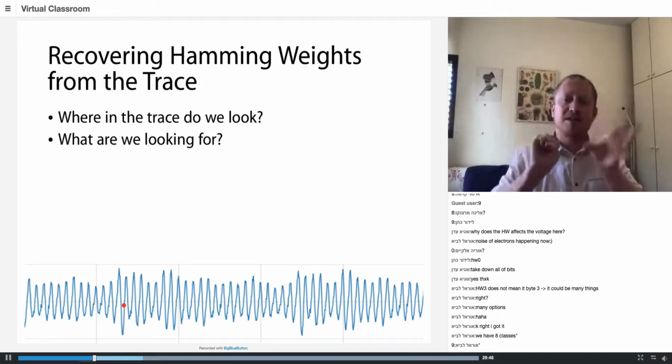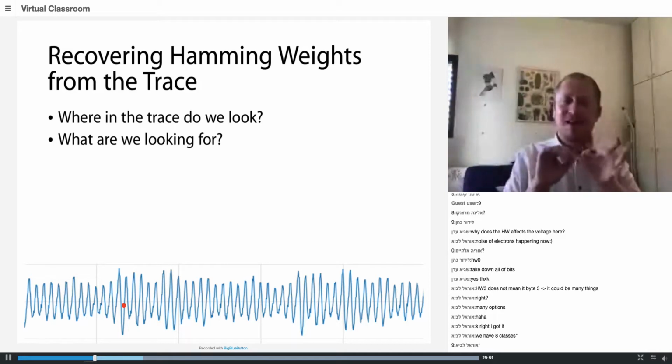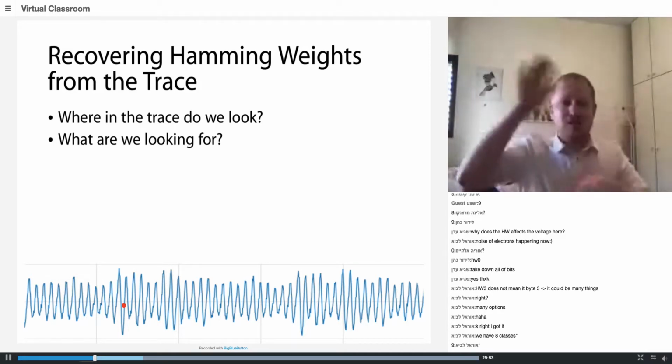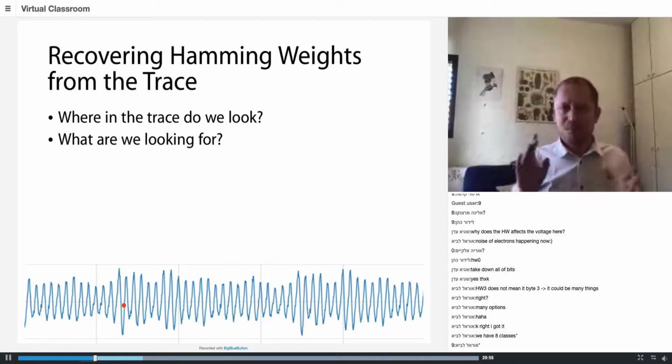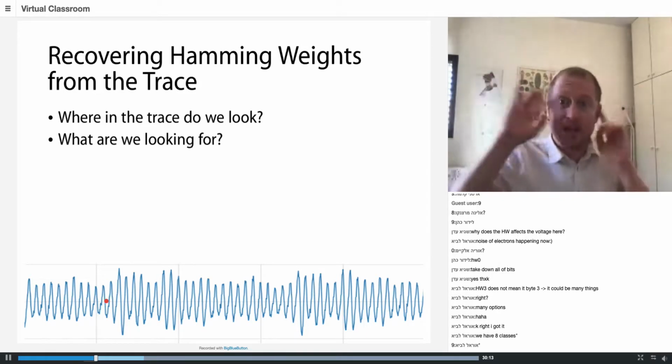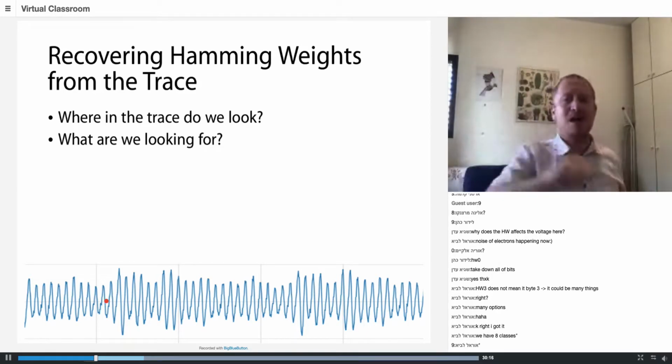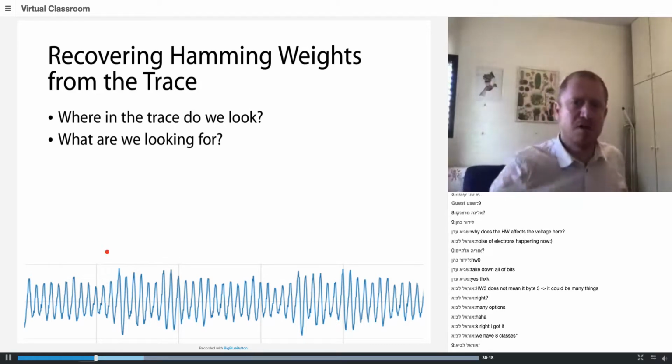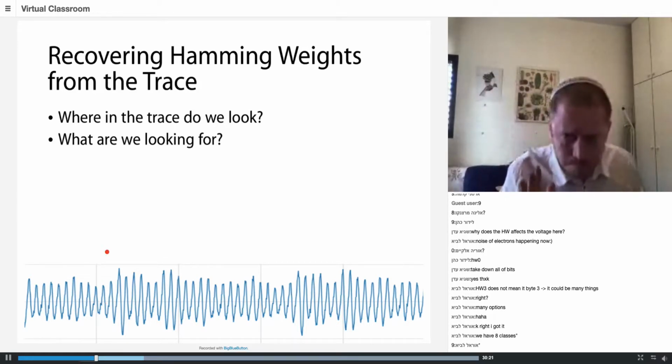You're going to look for places where if you change the state byte a lot, you're going to get a lot of changes in the power consumption. The assumption is you're doing what's called a profiling step. You devise the test, and you can put whatever you want into it. You put in a known key, play with it a little bit, and try to find a place where there's a nice correlation between the Hamming weight and the power consumption. I'm going to talk about it, God willing.